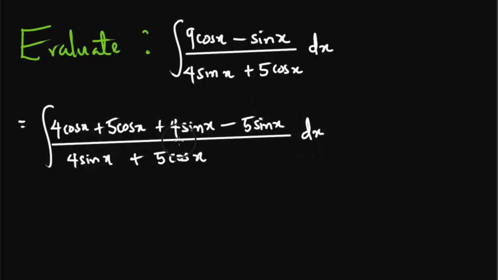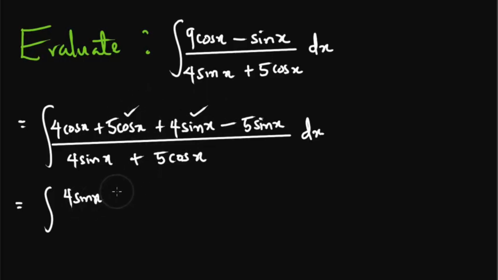Now I can divide, and so I can have this to be equal to the integral of, firstly, let's rewrite the numerator such that we have 4 sin x and 5 cos x. So I have 4 sin x, this one right here, and I have 5 cos x.